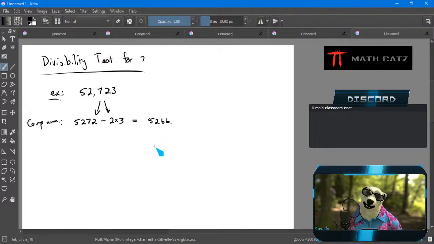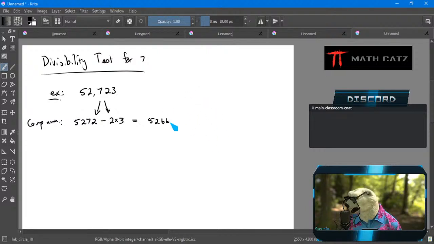Now, because I subtracted so little, maybe something a little bigger, but I'm only taking that last digit and subtracting just 2 times that. I'm always going to get a fairly big number still, especially if I started with something big. So the whole point of a test, right, is to avoid the long division.